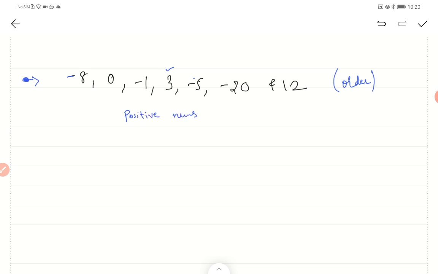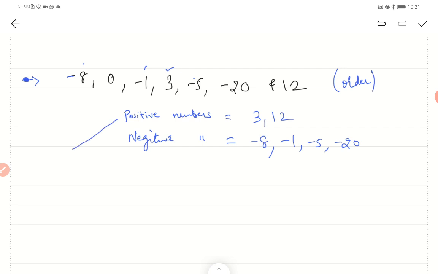Okay, so we have how many positive integers? 3 and 12, right? And negative integers, that is negative numbers, we have -8, -1, -5 and -20, isn't it?